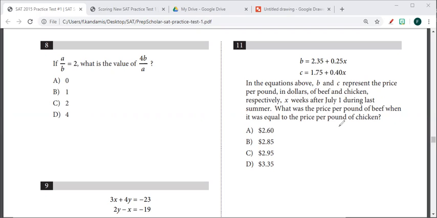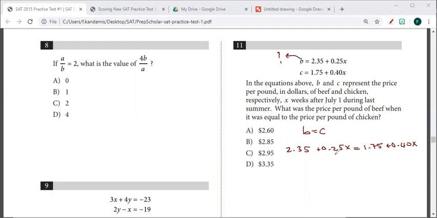What was the price per pound of beef when it was equal to the price per pound of chicken? So when B equals C. Let's just equate them. This is given, so 235 plus 0.25x equals 175 plus 0.40x.